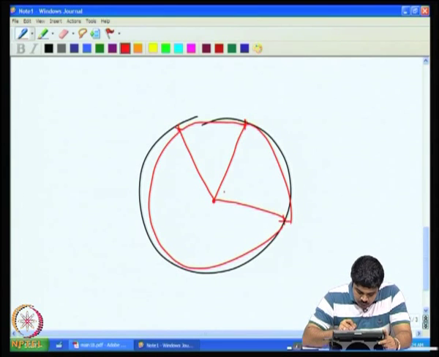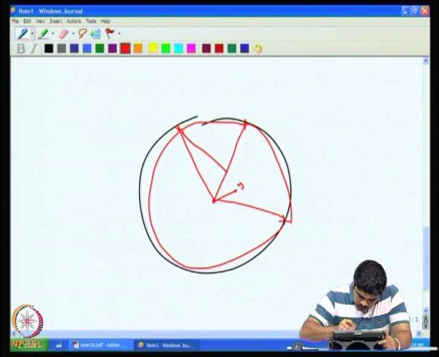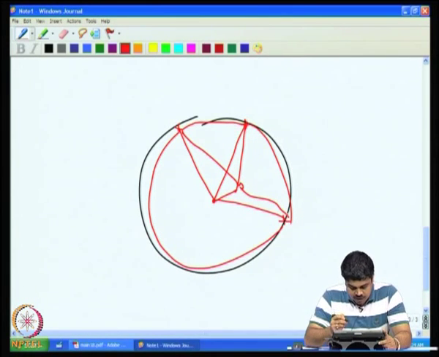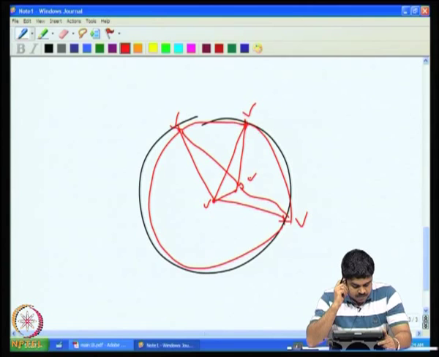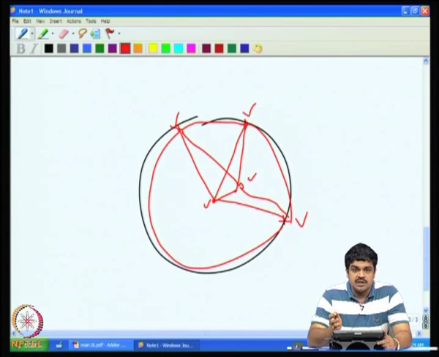Then y may be here, and y is also having these 3 neighbors. So, together we have a K5 here. This triangle, this, and this together we have a K5 minor here. So, it is a contradiction to the assumption that there is no K5 minor in the graph.